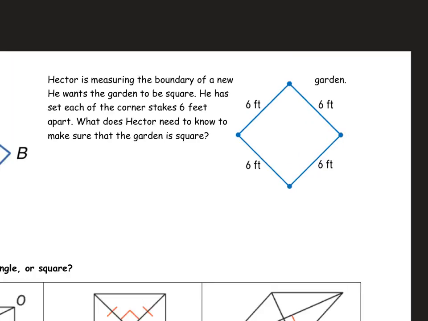Hector is measuring the boundary of a new garden. He wants the garden to be a square. He has set each of the corner stakes 6 feet apart. What does Hector need to know to make sure the garden is a square? Well, since opposite sides are congruent, this is a parallelogram.